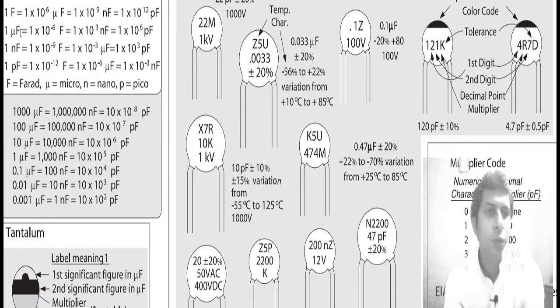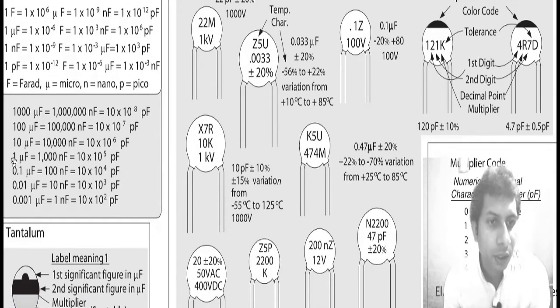Micro means 10 raised to power minus 6, nano means 10 raised to power minus 9, pico means 10 raised to power minus 12. Okay, and F is farad, the unit, mu is micro, n is nano, and p is pico, right?